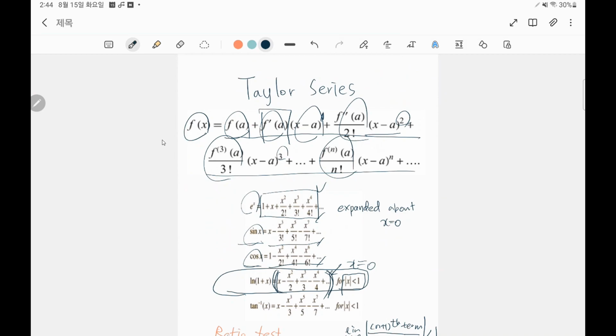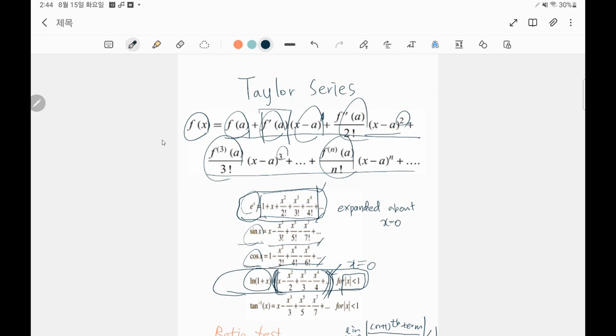So for example, if you plug in x equals 2 on the right hand side of the equation, the Taylor series doesn't match the original function ln of 1 plus x. But in here it does match.